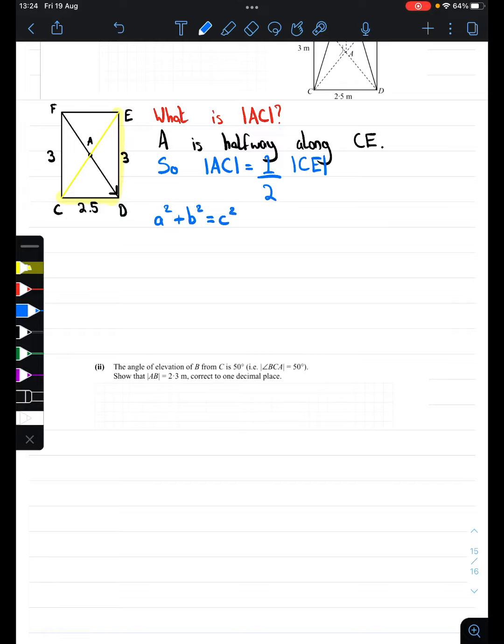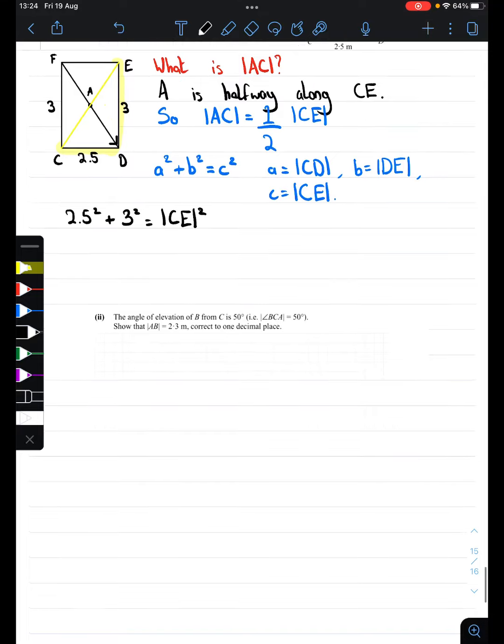And a is CD, b is DE, and c is what we're looking for, CE. Okay, so then we get 2.5 squared plus 3 squared equals the length of CE squared.